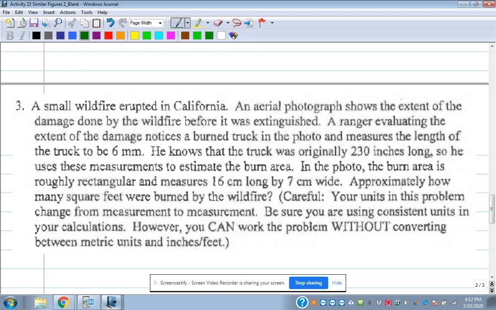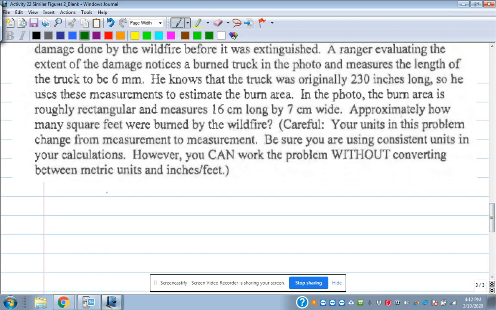Let's set up the proportion using the truck measurement first. And we've got to make a decision. We need to decide how we want to approach the millimeters and centimeters situation, because those are both in the metric system. So that would be an easy convert, right?